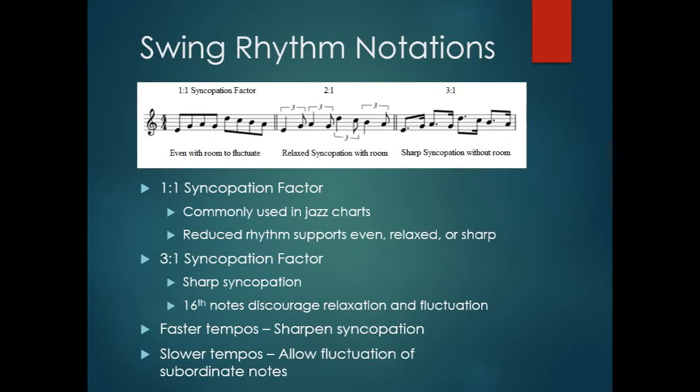Whereas if you do slower tempos, you can fluctuate more. You can do either sharp or relaxed syncopation with a swing rhythm. So this correlates with the sharp and relaxed syncopation of the 5-beat syncopated rhythm to show you the difference between the sharp notation and the relaxed notation.